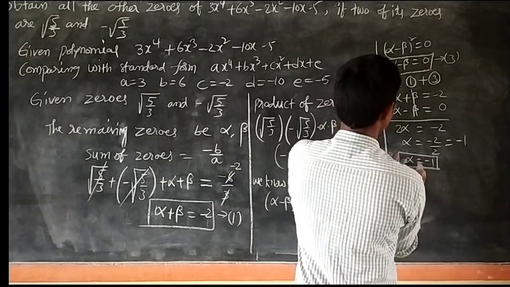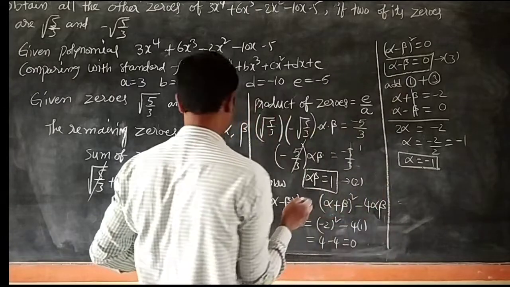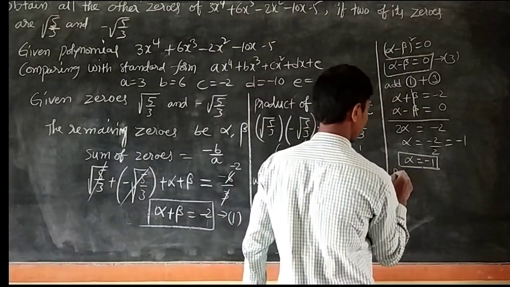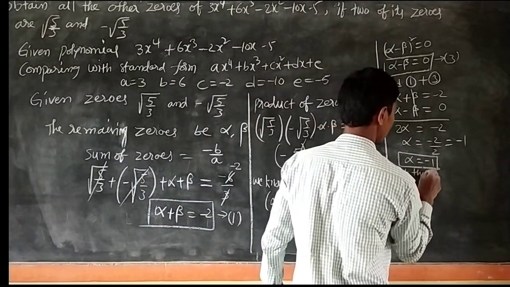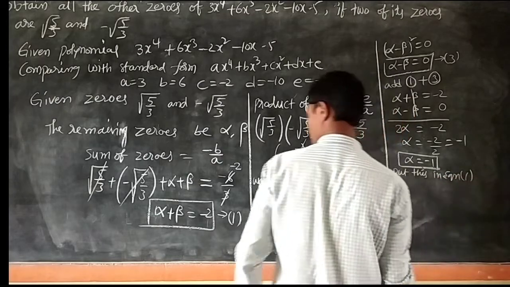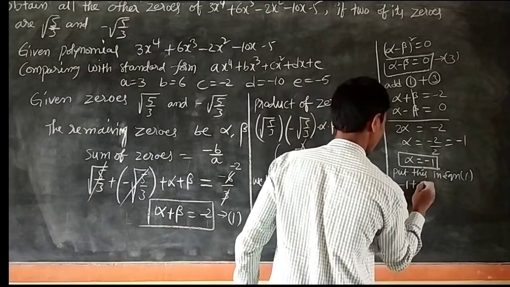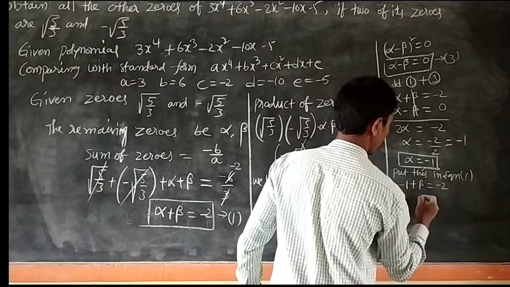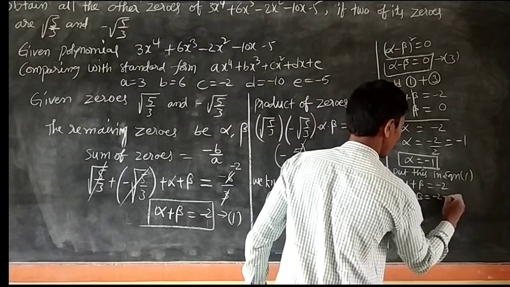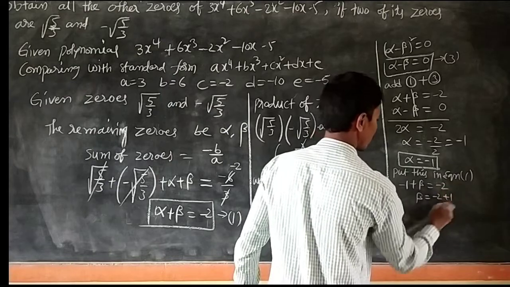Next, introduce alpha is equal to minus 1 in equation 1. Minus 1 plus beta is equal to minus 2. Beta is equal to minus 2 plus 1, because minus 1 if you transpose becomes plus 1.